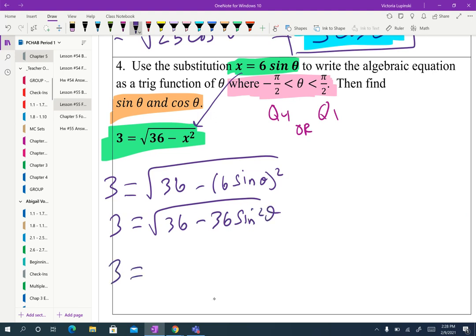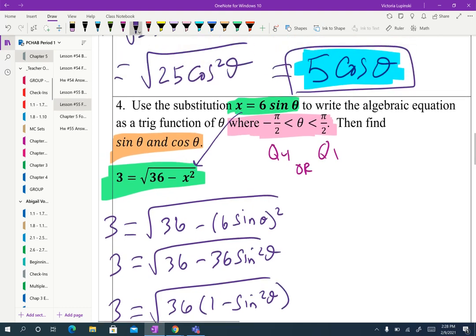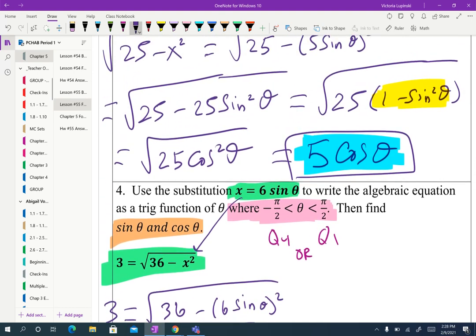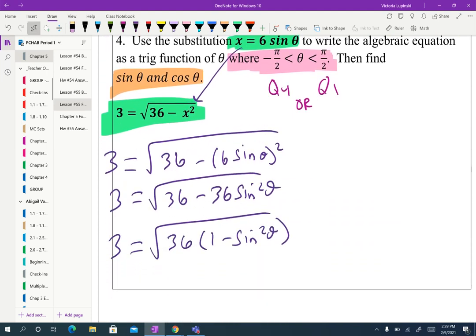So 3 is equal to the square root of 36 factored out is 1 minus sine squared theta. And then just like the previous problem, 1 minus sine squared theta is equal to cosine squared theta. So 3 is equal to the square root of 36 cosine squared theta.